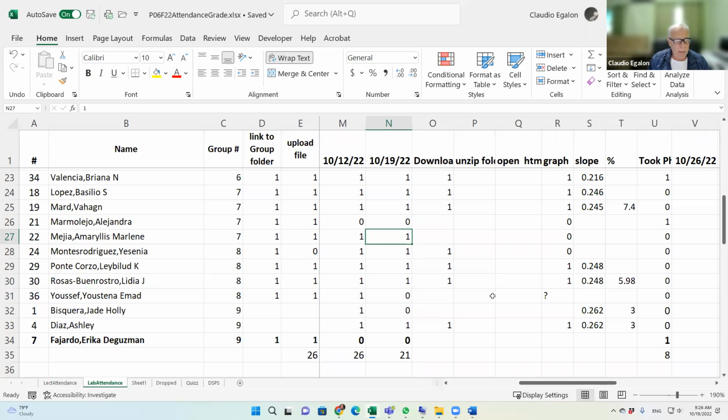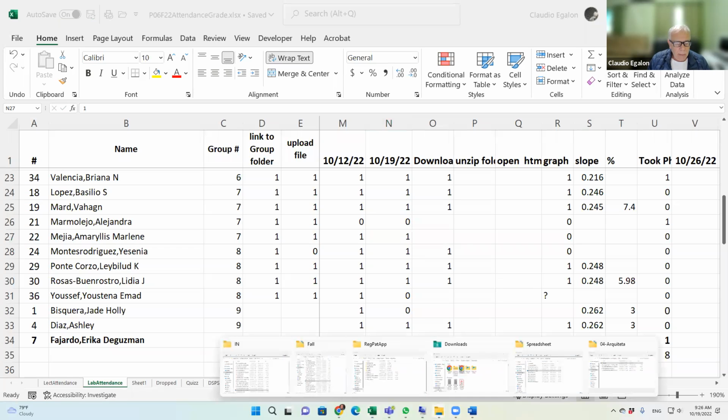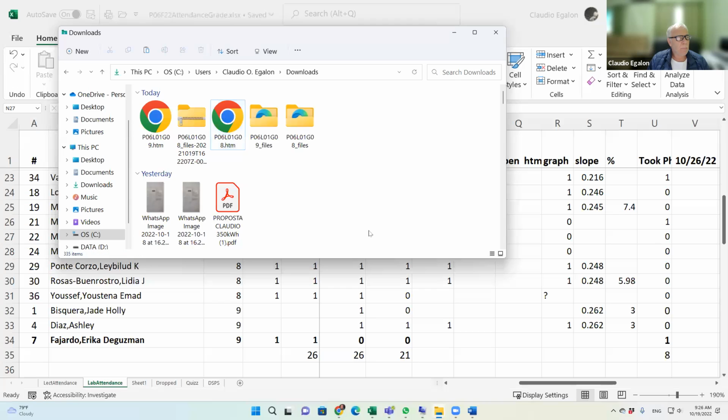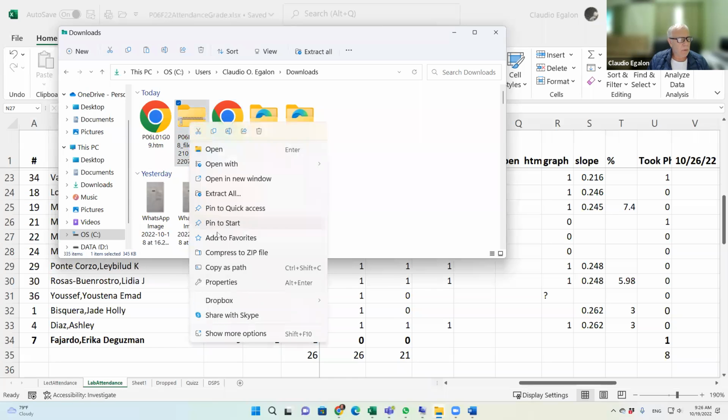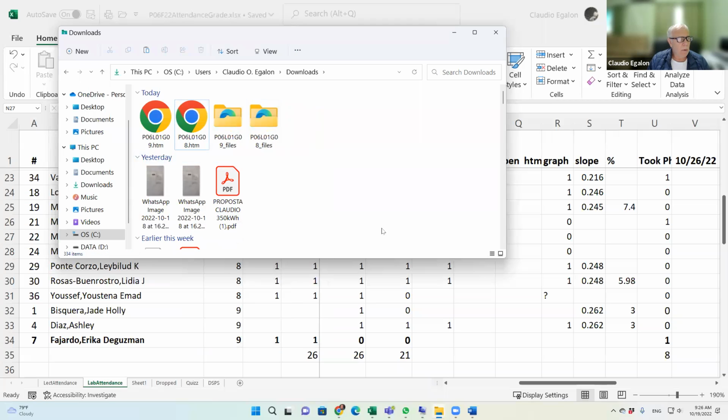Okay, so now that you all downloaded the file, right? So here you go. Now I want to demonstrate what's inside that file. Okay, here I have the files for group 8 and group 9, right? Let me delete this zipped folder that we don't need anymore. Now I need your authorization to display your correction here for the other students, okay?